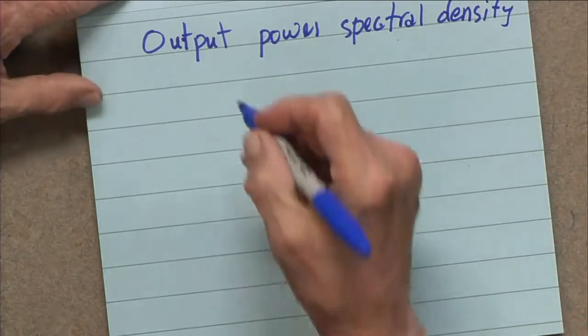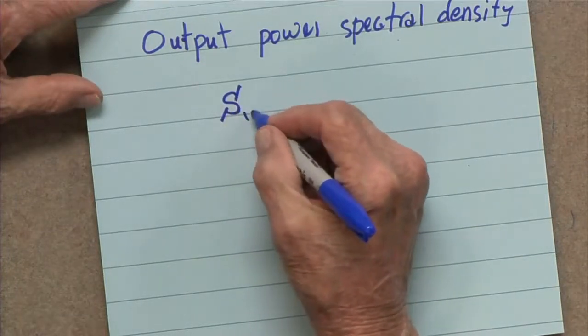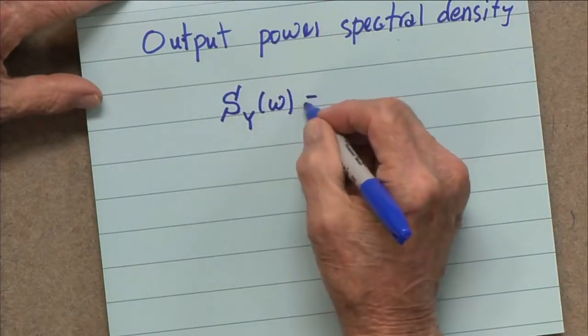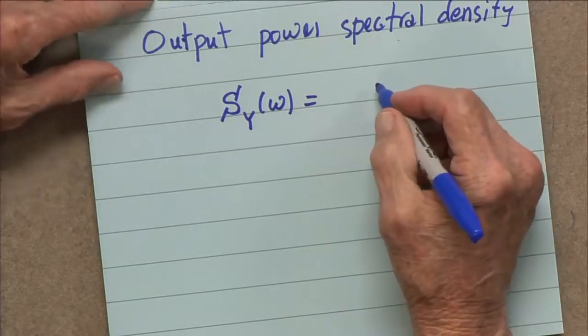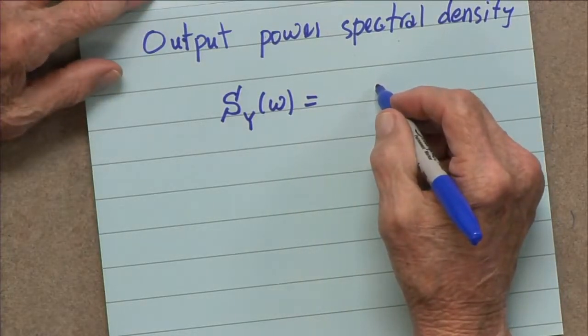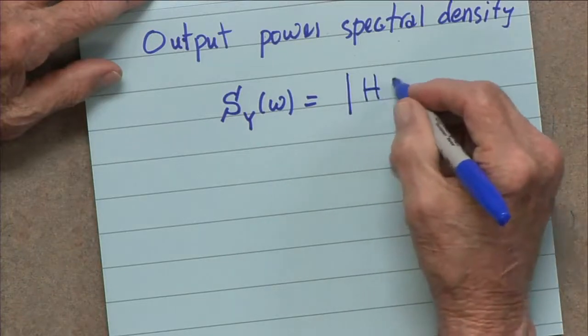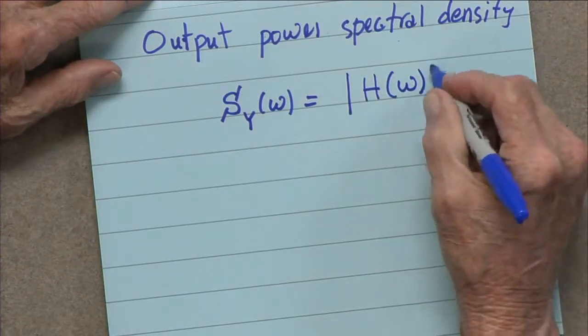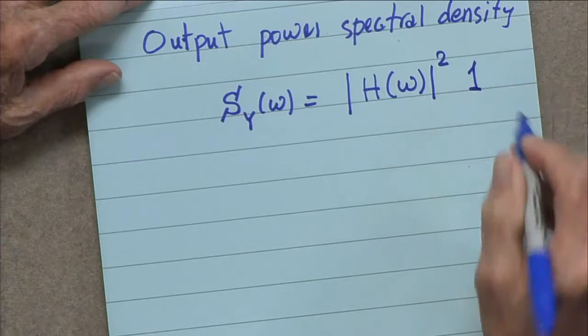Sy of omega is H of omega squared times 1.